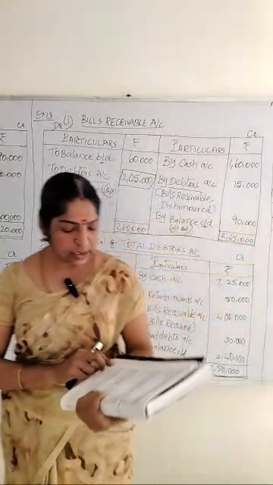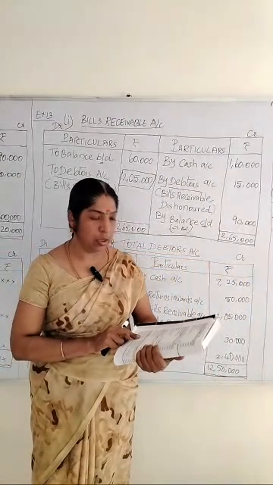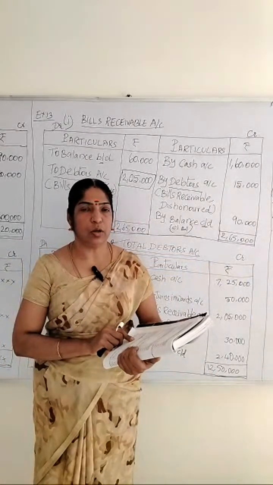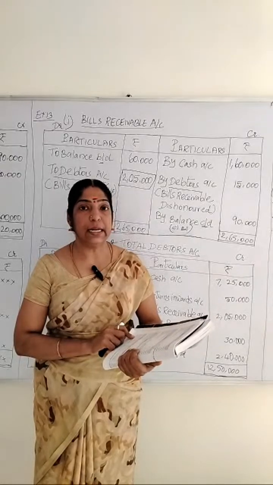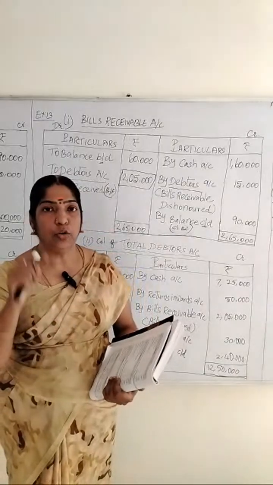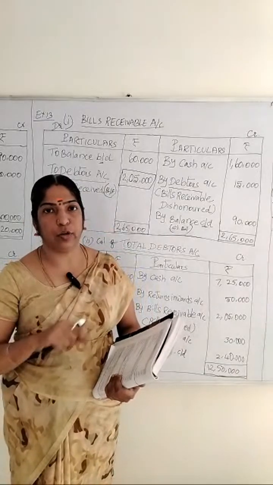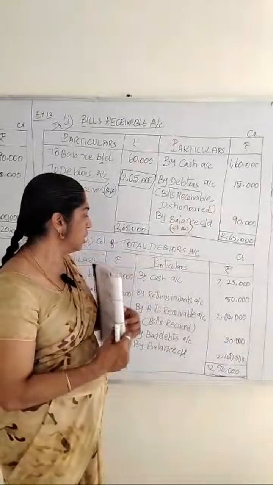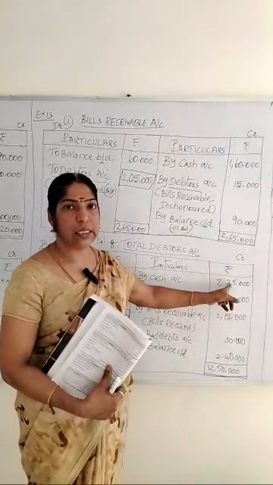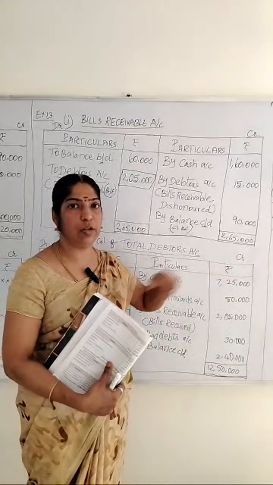Then cash received from debtors. Which side does cash received come on in the total debtors account? Credit side. Whenever you receive cash from your debtors, you should enter it on the credit side of the total debtors account. So on the credit side, you write "By cash account," 7,25,000 rupees, as given in the question.